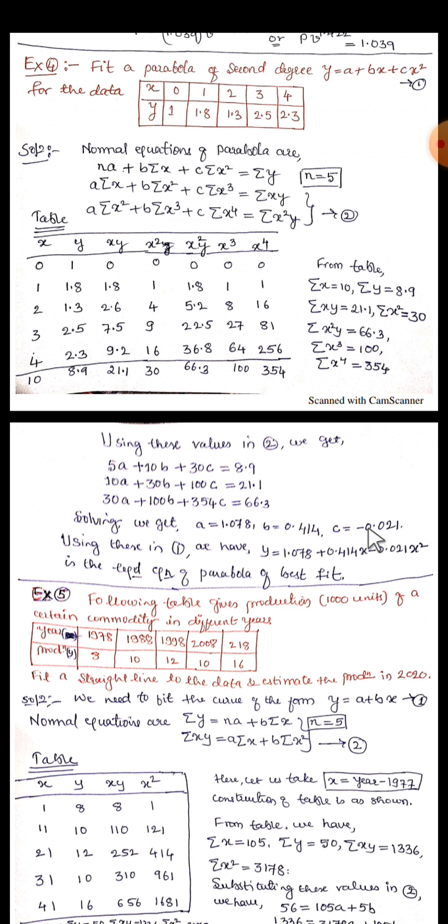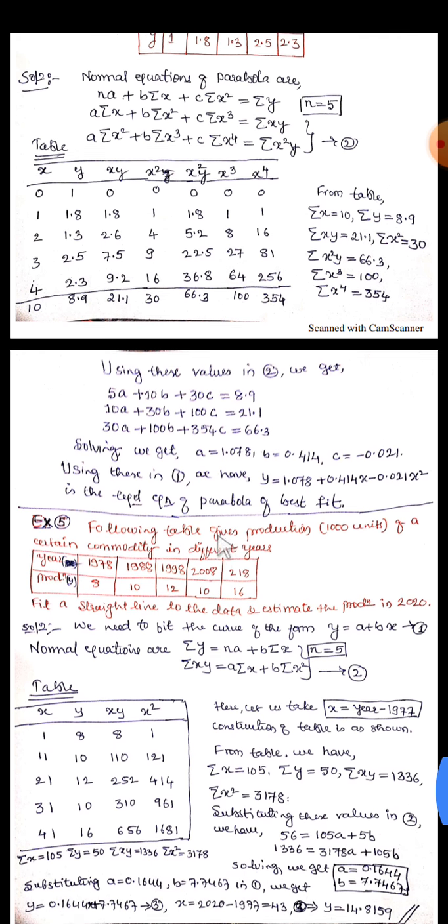Substituting these three values in equation 1, we get the required equation of the parabola as y equals 1.078 plus 0.414x minus 0.021x squared. This completes the solution for this problem.